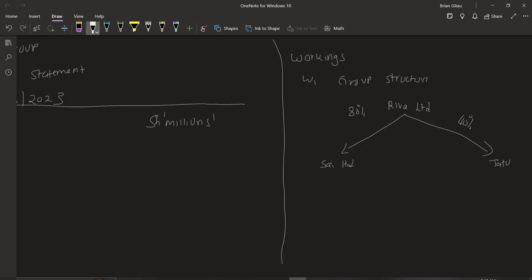So the purchase consideration was 1,100 million, and this was not acquired at the end or at the beginning of the year. It was acquired in the middle of the year. So we need to calculate how many months between 1st July 2022 and 31st March 2023.